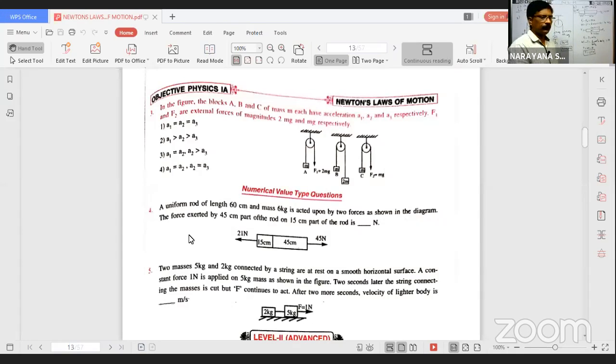Okay. So the last problem in this exercise, the fifth problem. All of you see the fifth problem also. Last problem.